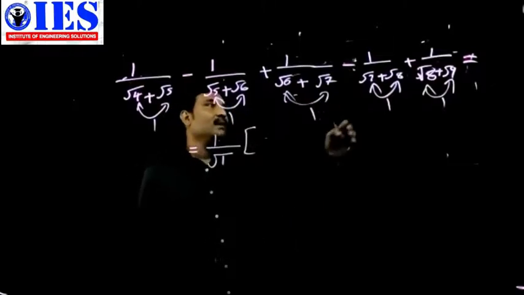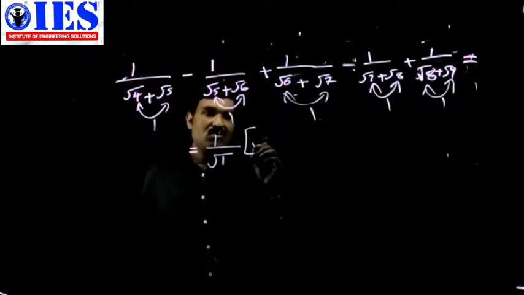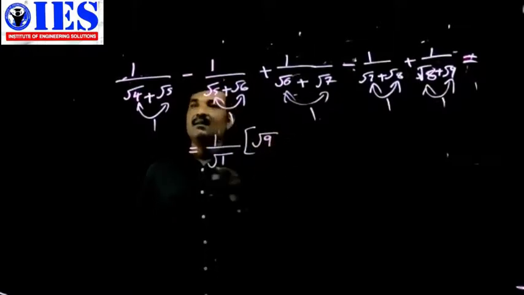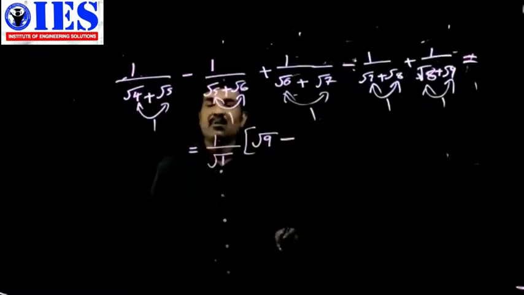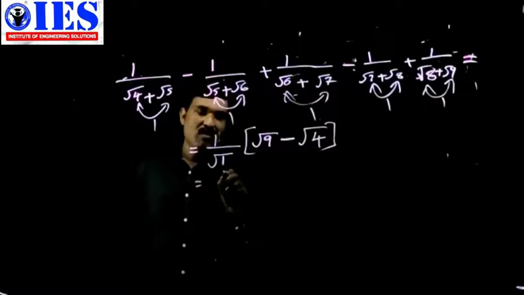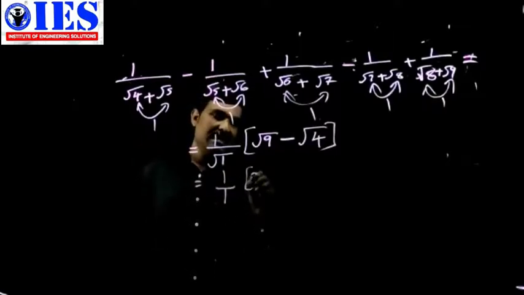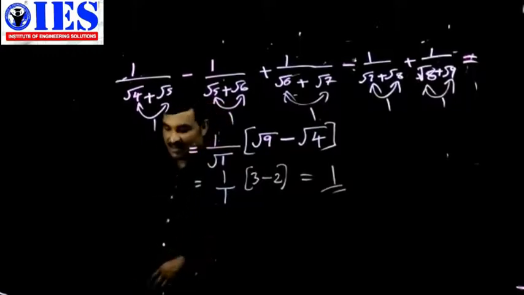The largest term is 9, so square root of 9. Now, here the first sign is plus, so we are using minus here, multiplied by square root of the smallest, that is 4. So, this is equal to 1 by square root of 1, 3 minus 2. So, the answer is equal to 1.